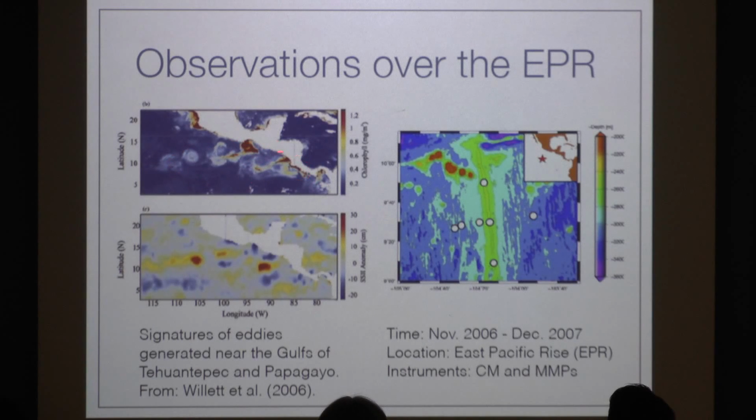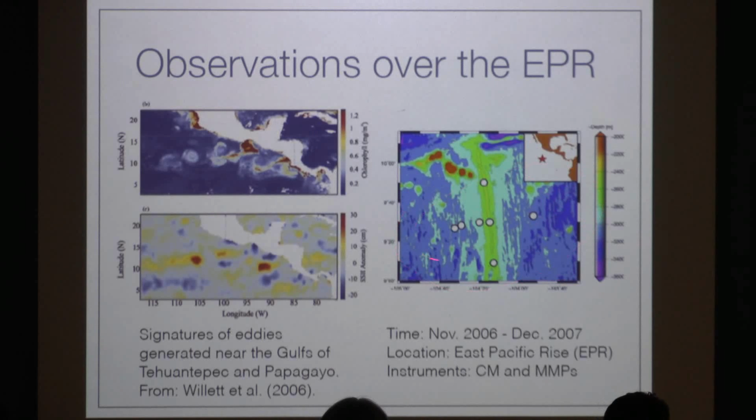In this region, from satellite measurements, you can see many mesoscale eddy features. The good thing is there was a project conducted in this region. Here you can see where those stations are located. They are fairly close, basically on the path of those mesoscale eddies. So we try to use this measurement to understand that question.